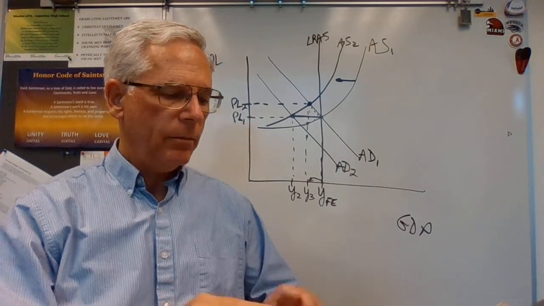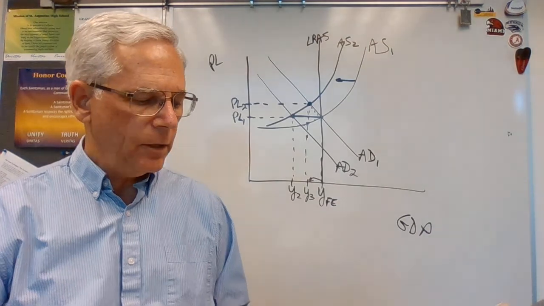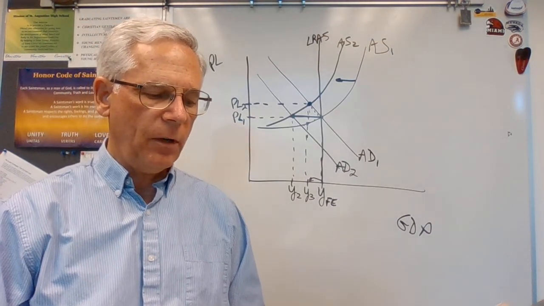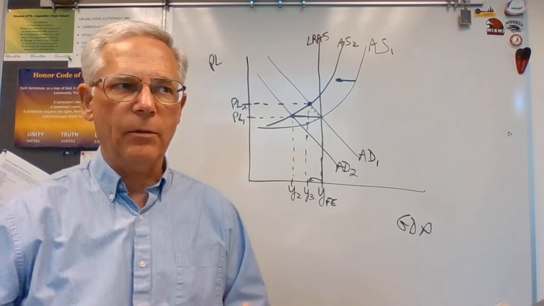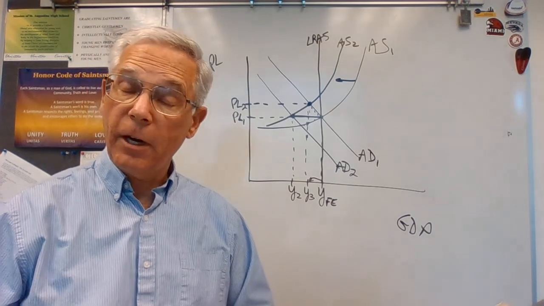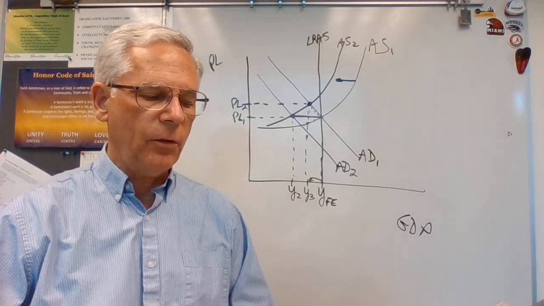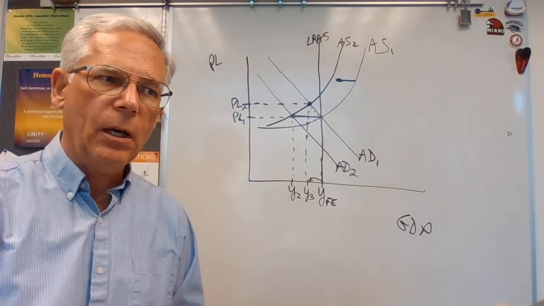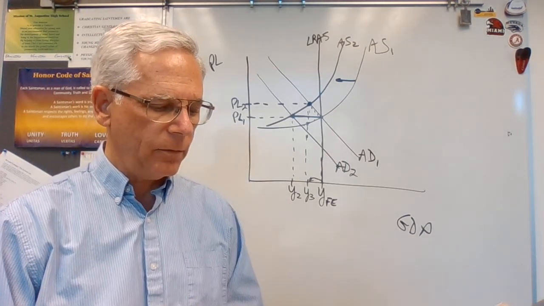So the answer they want here is that a decrease in aggregate supply will unambiguously increase the price level and reduce real output. That's like when we have an increase in gas prices, when OPEC or the Arab nations drive oil prices up, input prices rise, cost push inflation, we get an increase in price level and a decrease in output, and some people get laid off.